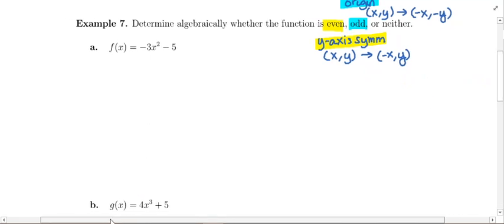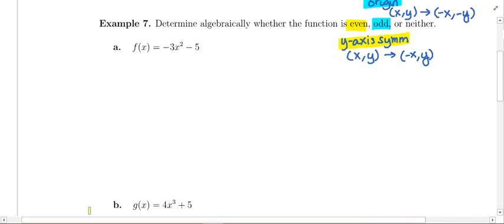Remember, I recommended that before you do any of the testing, you rewrite the equation, or in this case a function now. Get rid of the exponents, break it down. Also, now that we're dealing with functions, there's one more thing you have to do before you start testing.